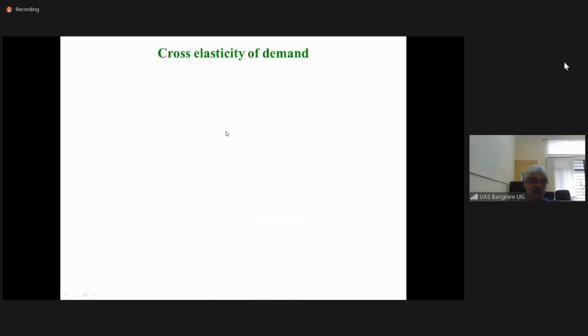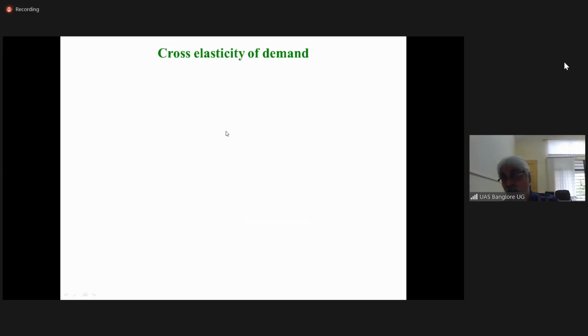And cross elasticity of demand. While discussing price elasticity and income elasticity, we try to find out the relationship between the quantity demanded and price, and quantity demanded and income.